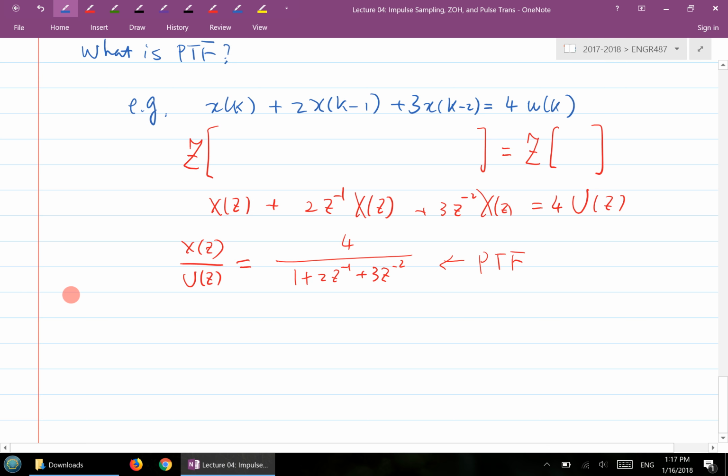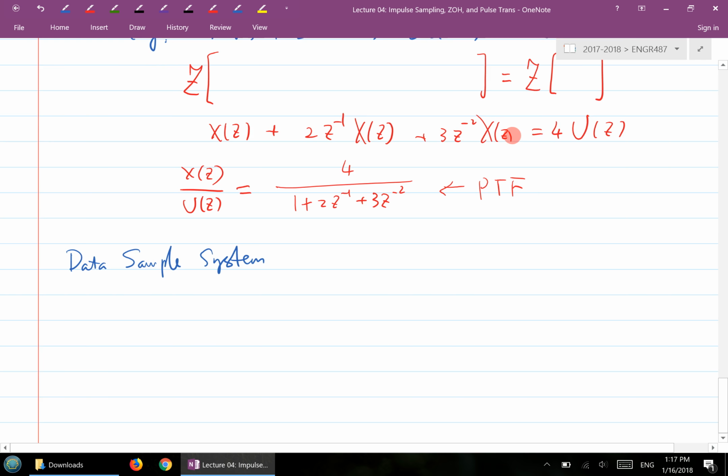However, for actual systems, in most cases it's not as simple as this to derive a pulse transfer function. A lot of the time, your starting point is something like this: a so-called data sample system. This is a diagram I showed you in the first lecture.